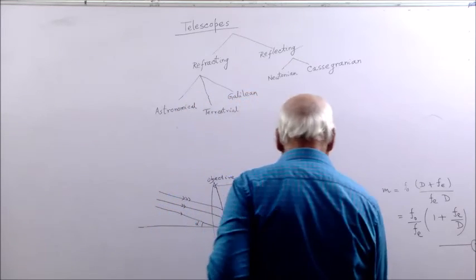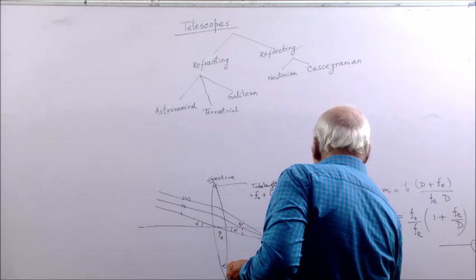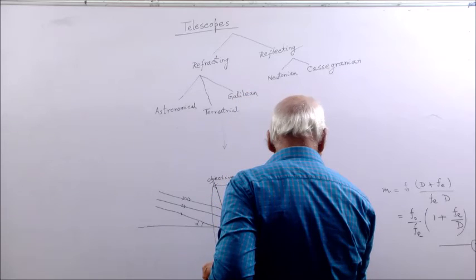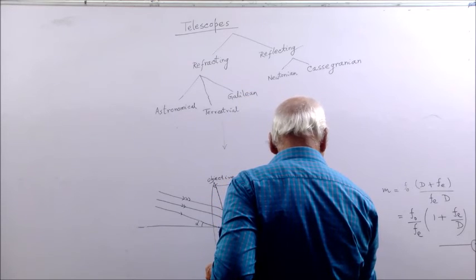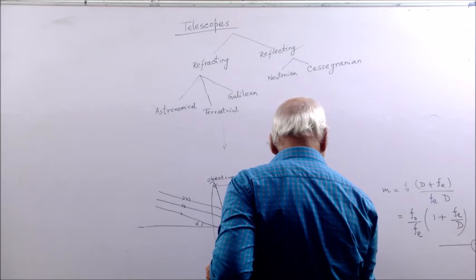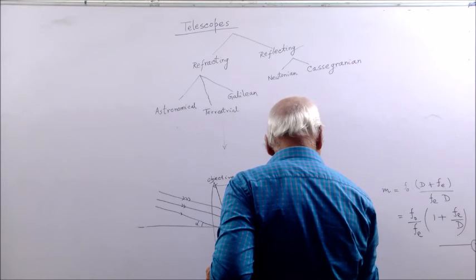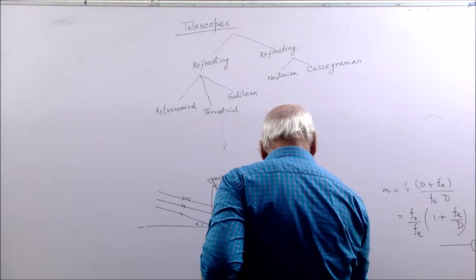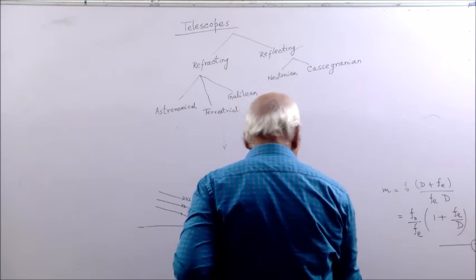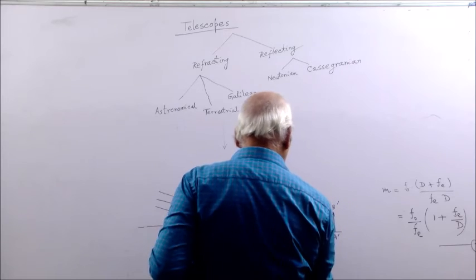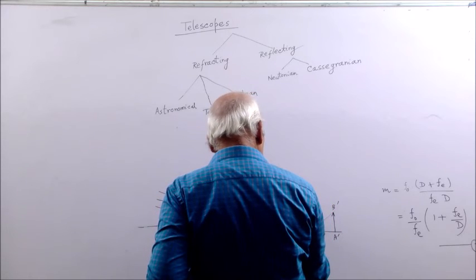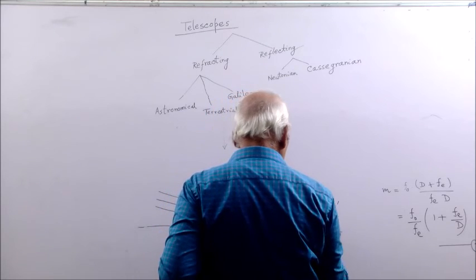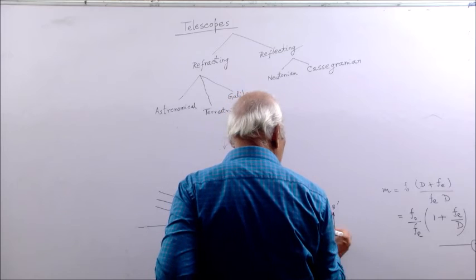There is another convex lens, this is for the terrestrial telescope, placed here at the 2F position. So, this is your object at 2f, and the image will be at 2f.